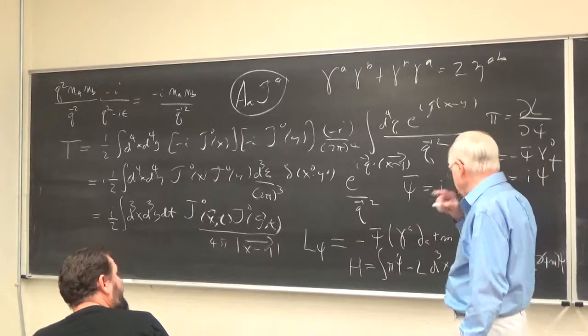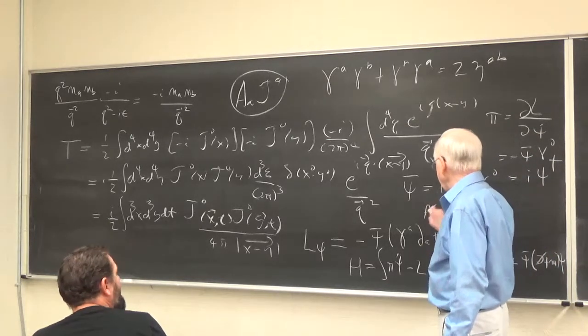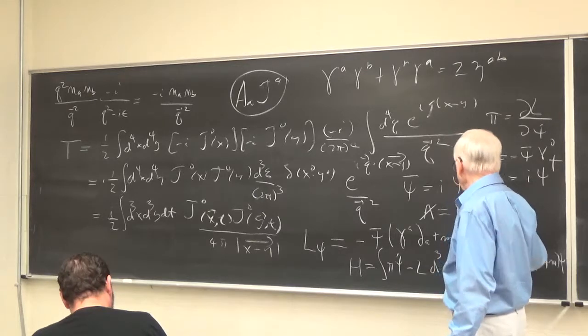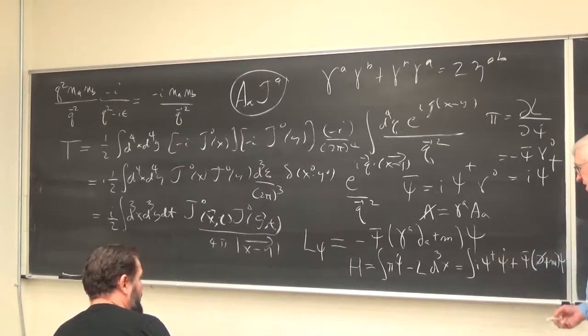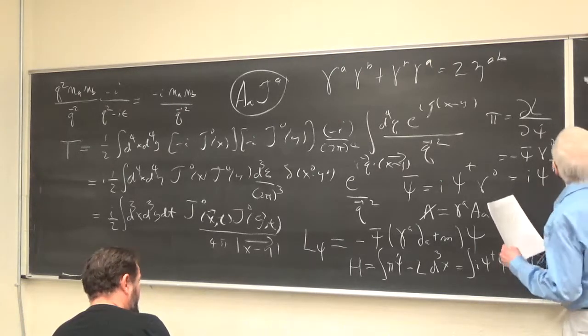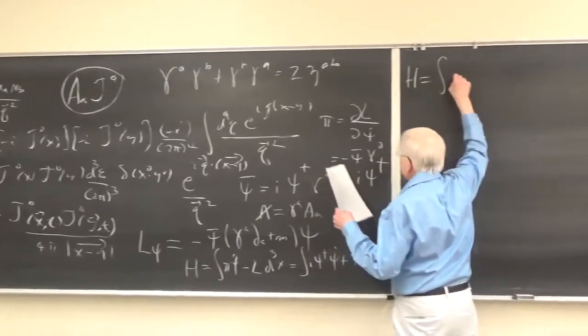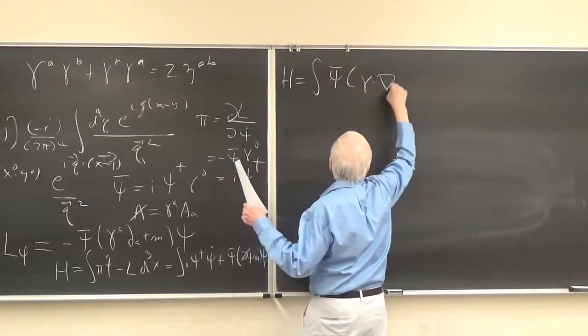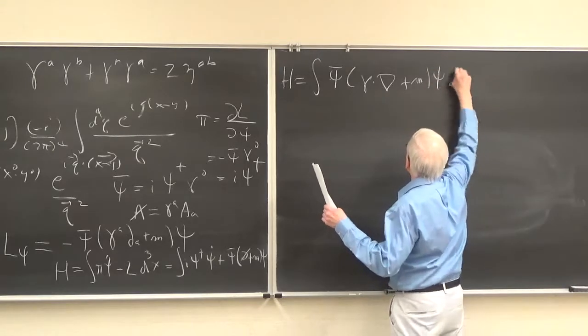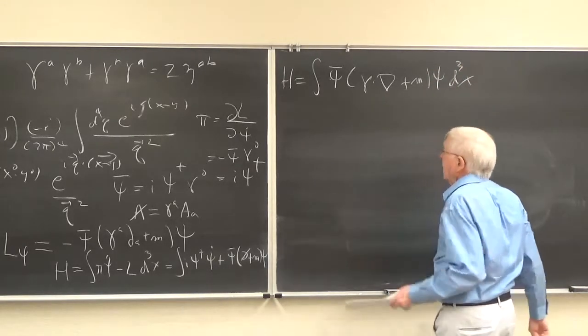You remember the slash notation? A slash is simply gamma A, A_A. Now what happens is, actually I shouldn't have slashed this because now it obscures what the D0 gamma 0 is. But if you put back D0 gamma 0, you see that the time derivative terms cancel. And the actual Hamiltonian for the Dirac field is an integral of psi bar gamma dot grad plus m psi d cubed x.